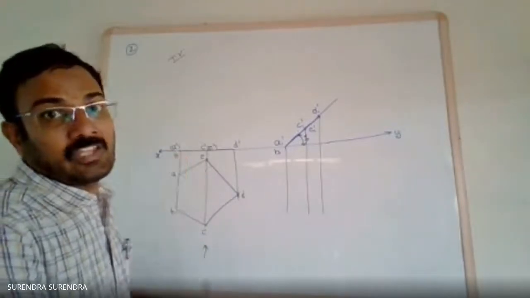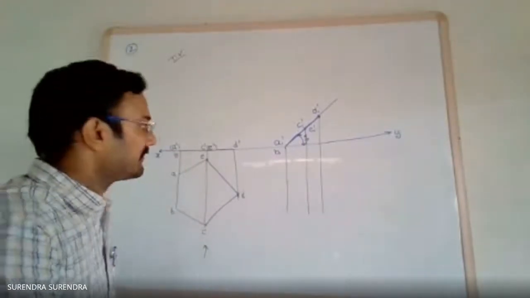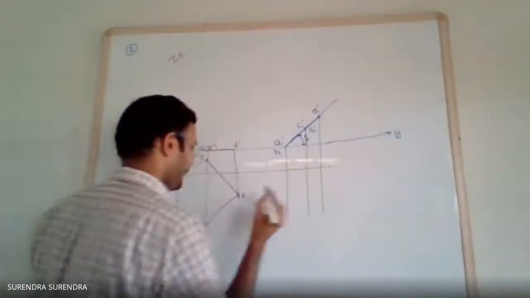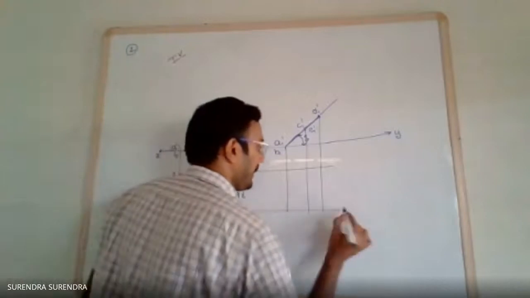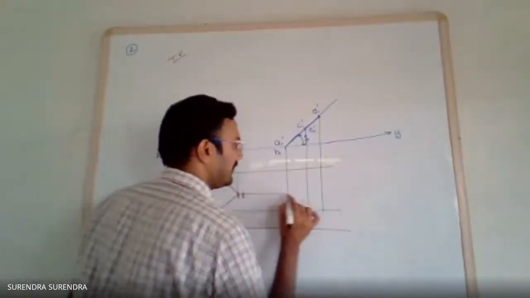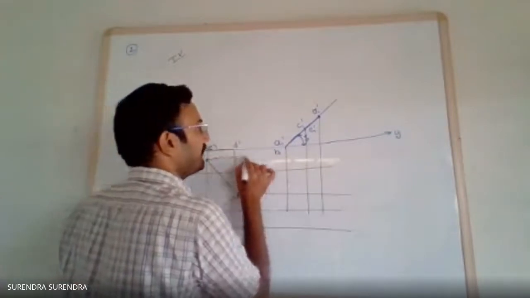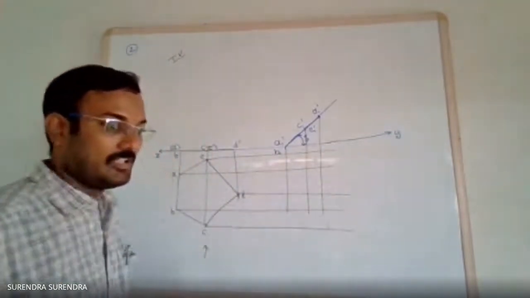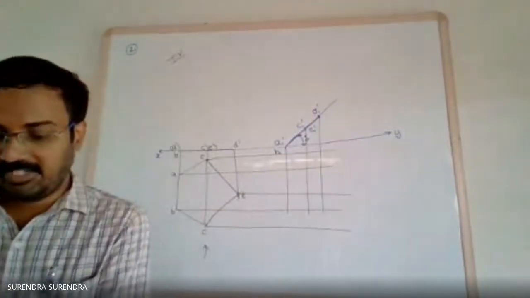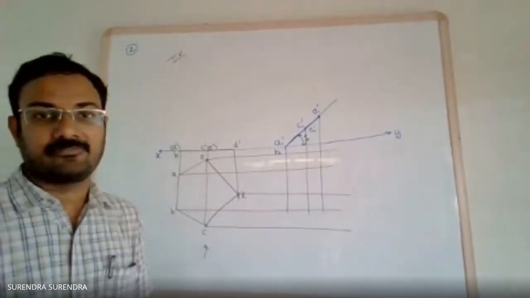Locus means a line parallel to the XY line. From A, B, C, D, E draw the projections.